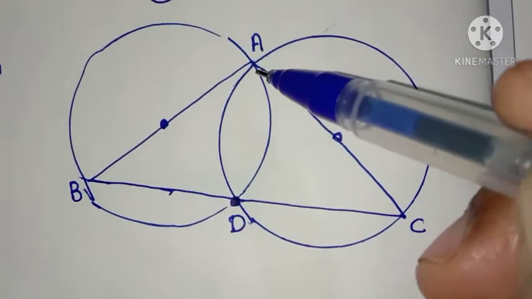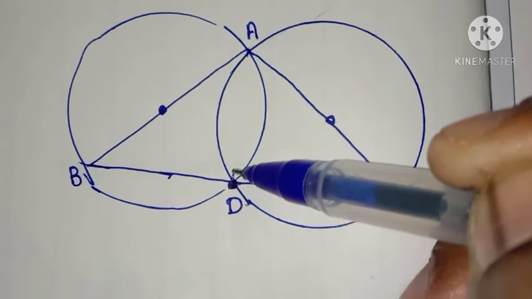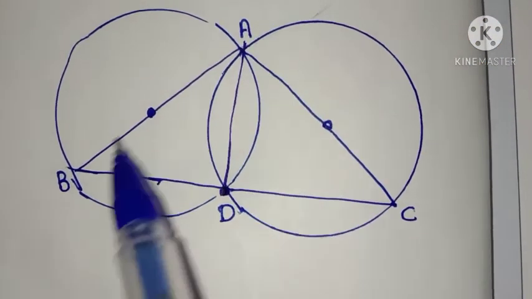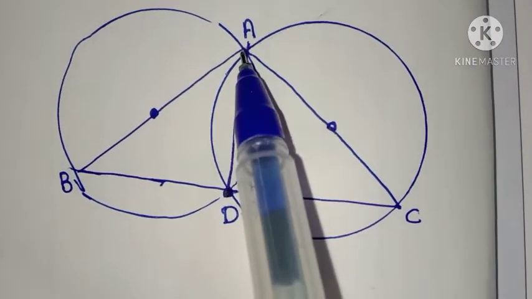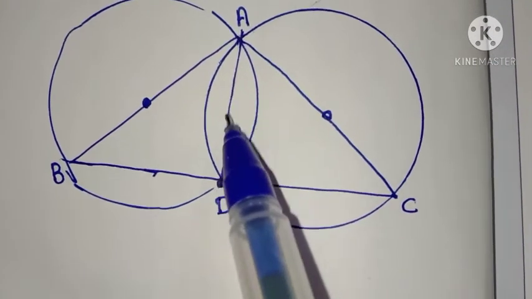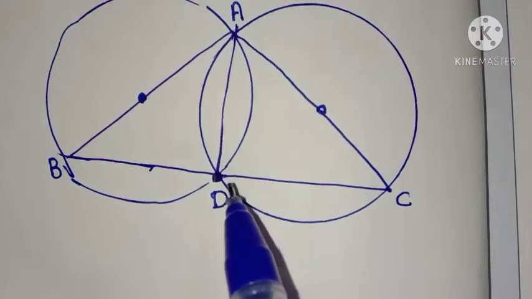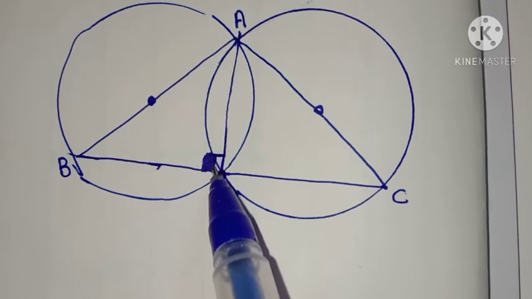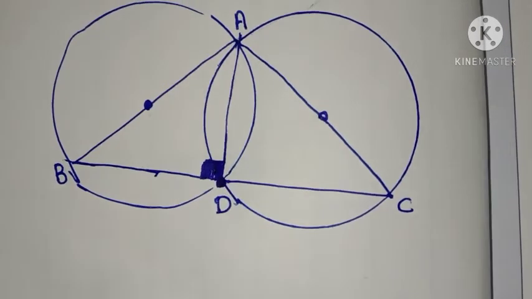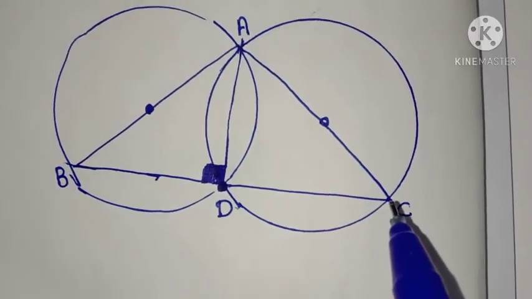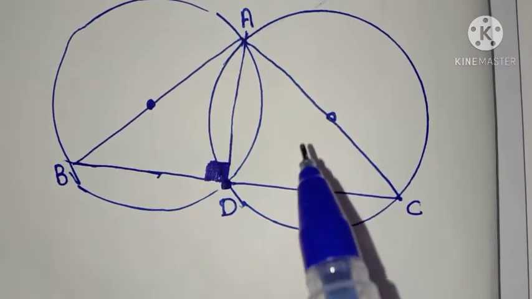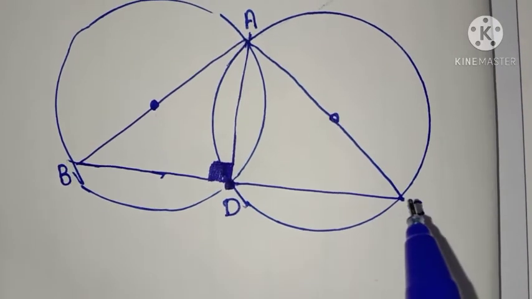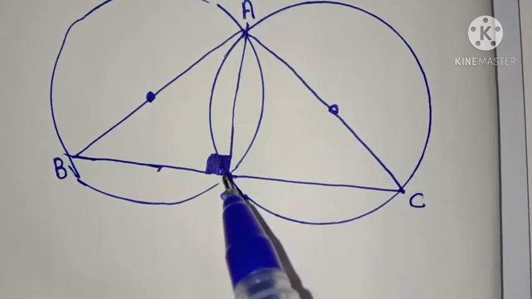Okay. For this, let's join AD. So AB is the diameter. So what is angle ADB? Angle ADB is the angle in a semicircle. Therefore, this is 90 degrees. Now consider this circle. AC is the diameter. So what is angle ADC?